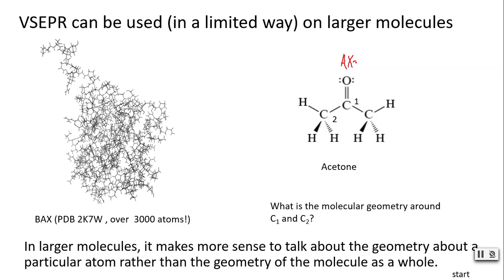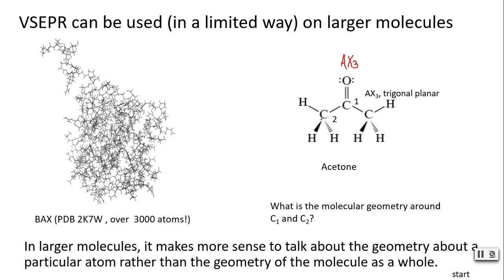So my VSEPR notation for C1 is AX3. And from the chart that I gave you, or your flashcards that you're working on memorizing, AX3 corresponds to a trigonal planar geometry.